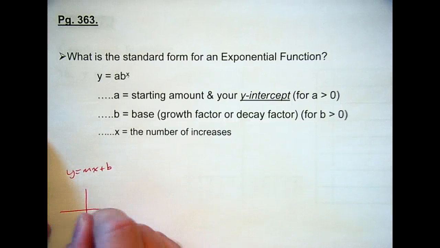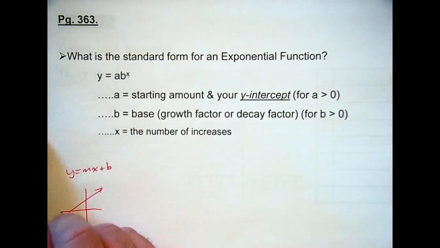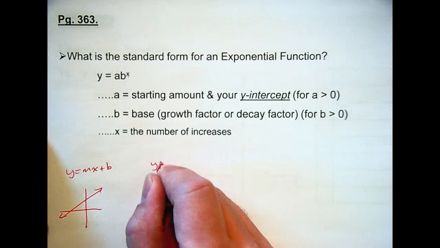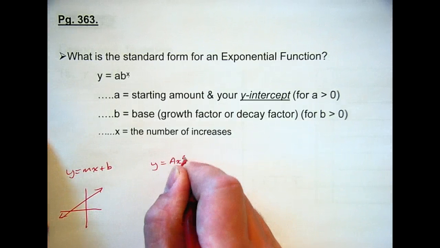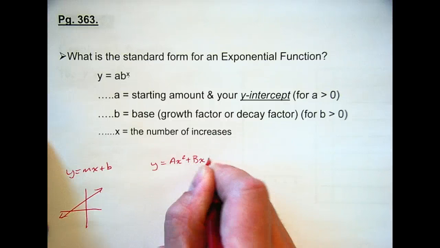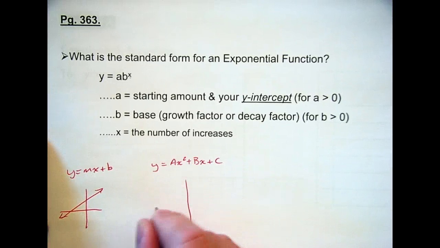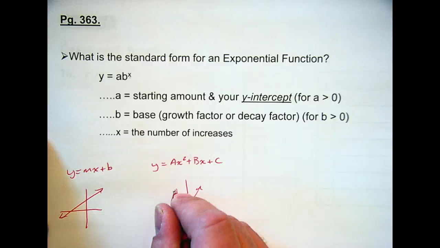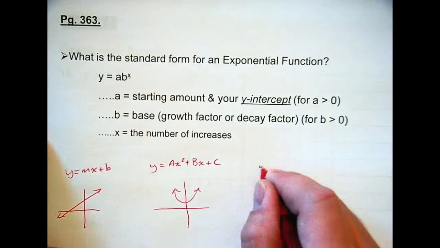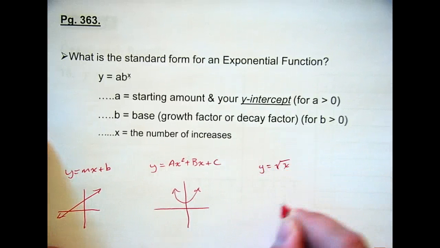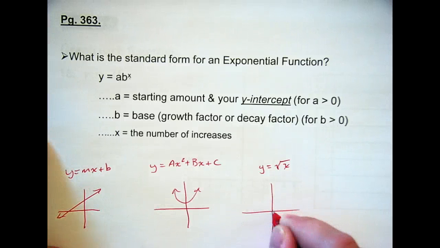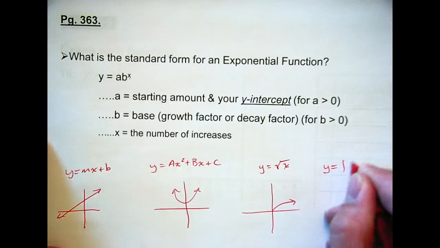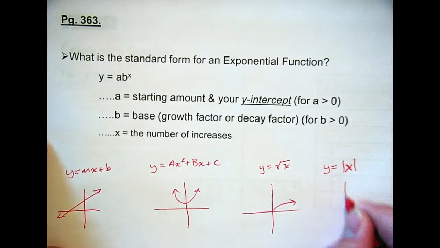We had the quadratic picture. We had y equals the square root of x. We had y equals the absolute value of x. Remember that was a V shape.